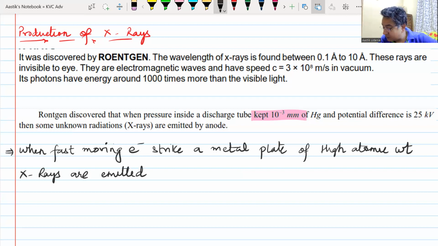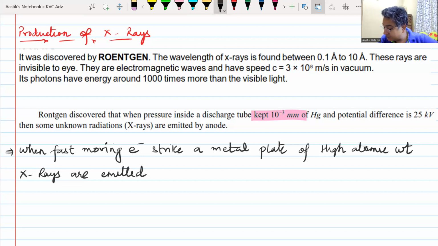Now, can you tell me what will be required? If I want to produce X-rays, what do I need? An evacuated discharge tube. Okay, what else? Fast moving electrons in it with the high potential difference.